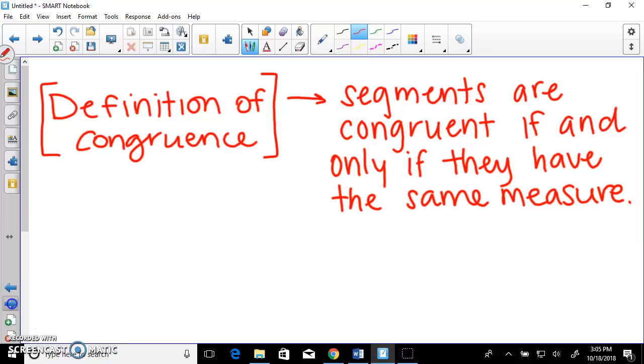Segments are congruent if and only if, so we should be thinking biconditional statement, they have the same measure.